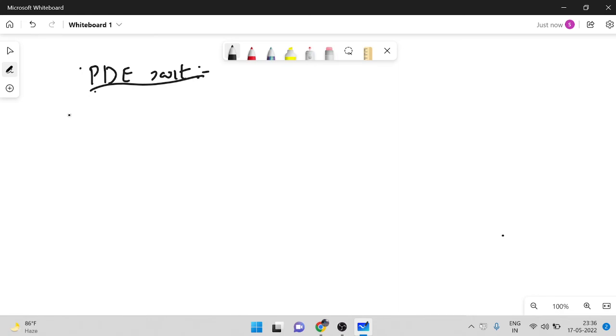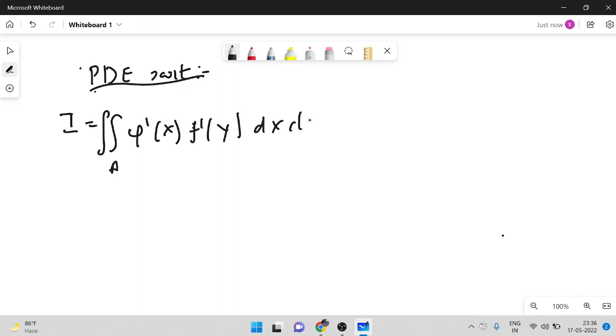I define this integral on that particular domain. I is equal to the integral over A of phi dash of x and f dash of y dx dy. So we just interchange the limits.